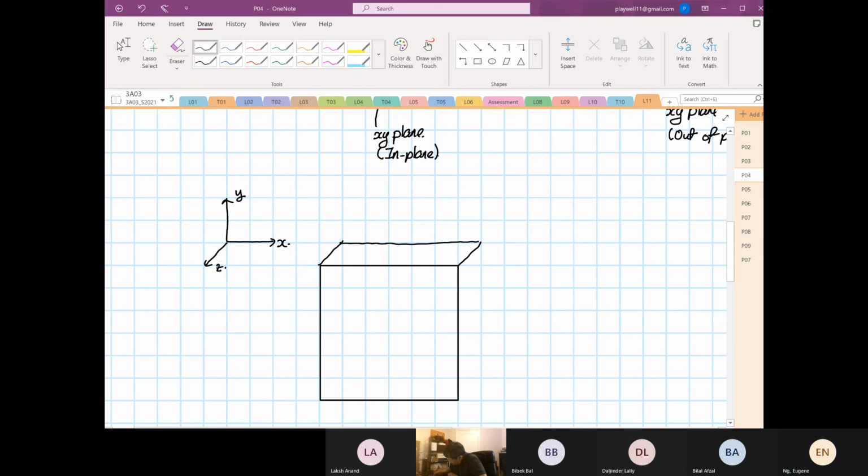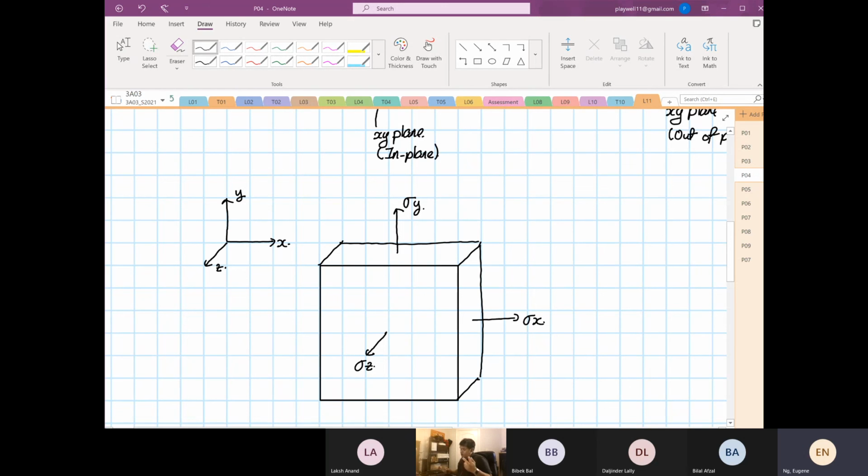And we know that this direction is our stress X. This direction is our stress Y. And this direction over here is our stress Z.